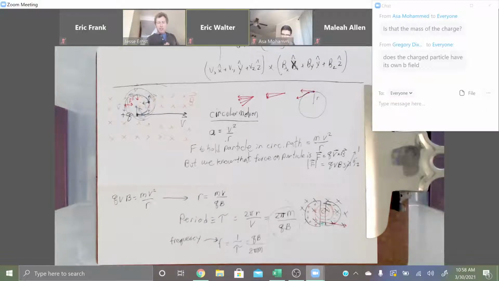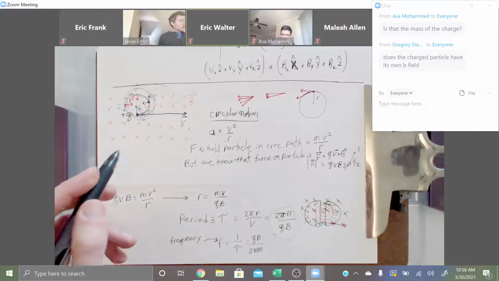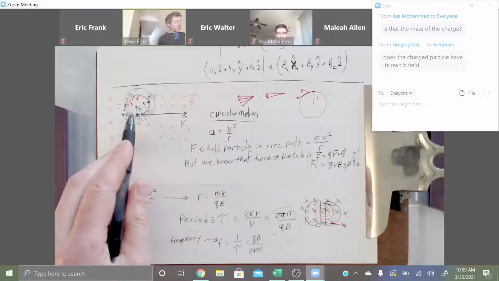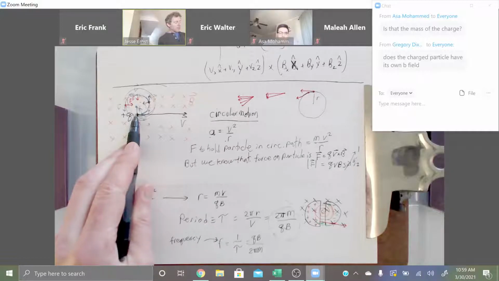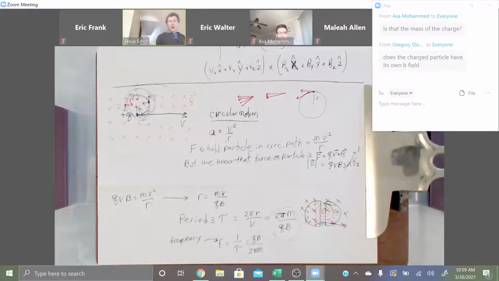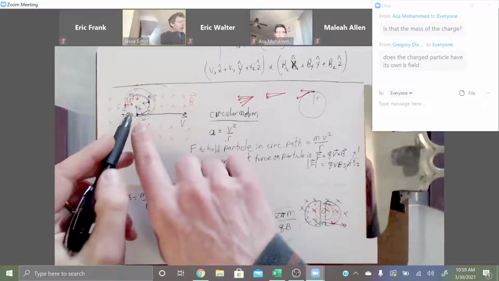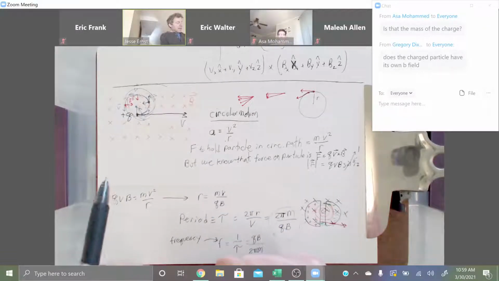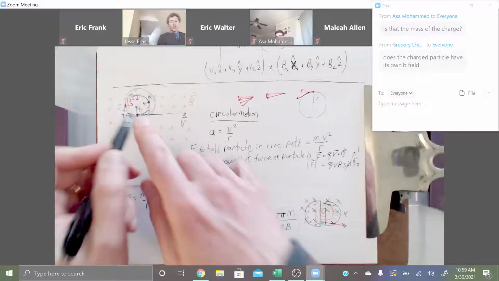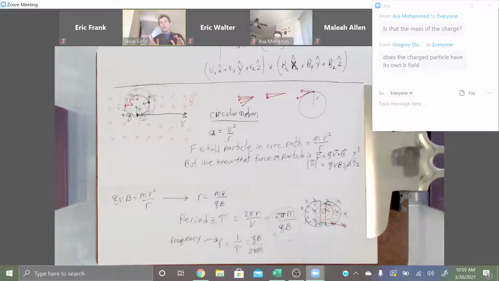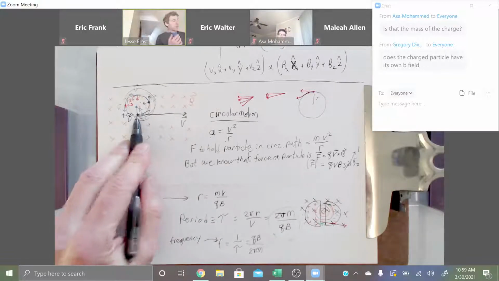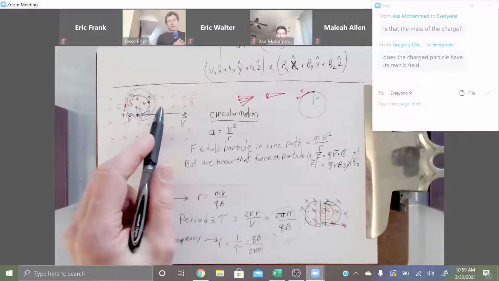Does the charged particle have its own B field? No. The short answer is no, right? Because the charged particle, if you are standing, Greg, that's a trickier question than you think. For us standing, if you're flying along with the particle, then you don't see any charged particles moving, right? According to what this charged particle sees, it just sees itself as a charged particle, and then it's in a B field.